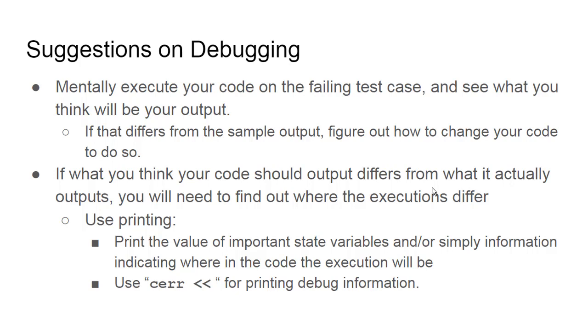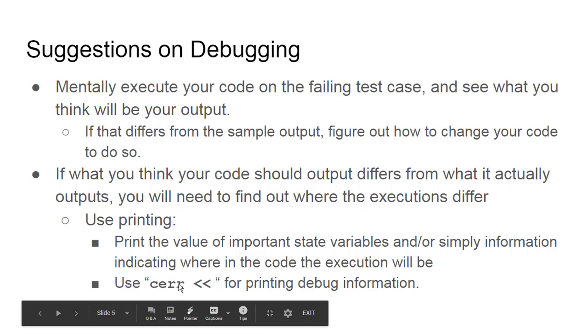In order to do that, you essentially use a lot of printing statements. By printing, I mean output. You can output to cout, but as a good habit, output to cerr, which is for printing error messages. In most execution environments, cout and cerr output to the same place, but use cerr for printing debug information.